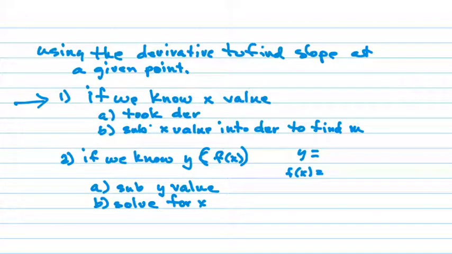And that was what we did yesterday. Then take the derivative, find slope by substituting the x value into the derivative. Yeah? Sound familiar? So kind of boiling it down, what you do is going to be dependent upon the information that they give you. Okay? So some of you were having a little trouble putting all of it together yesterday. So I think that might help you a little bit.